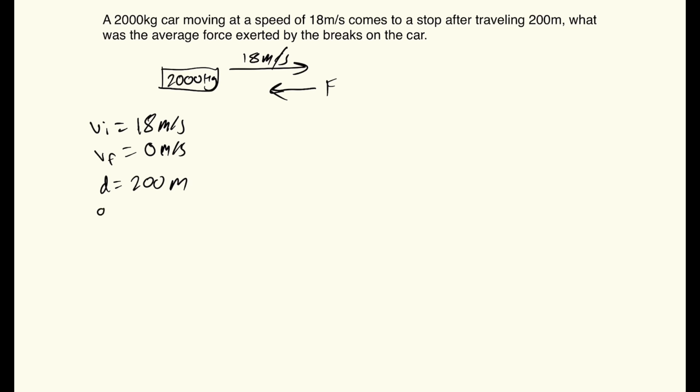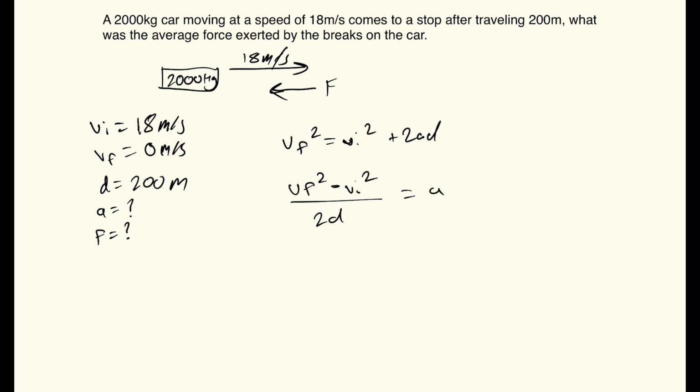What we don't know is our acceleration and our force. Now once again, we have to find our acceleration first. So we can use Vf squared is equal to Vi squared plus 2AD. Now we rearrange to isolate for A, so Vf squared minus Vi squared over 2D is equal to A.